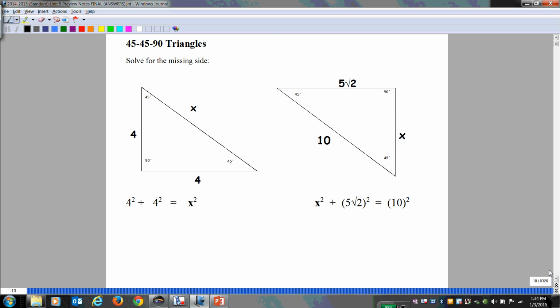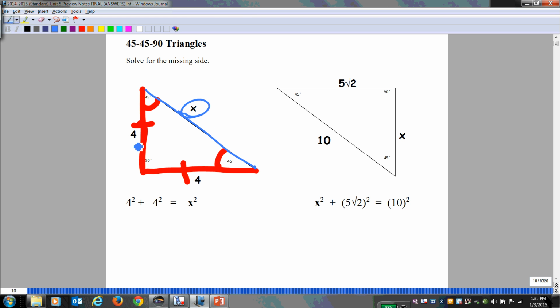We're going to solve for 2 45, 45, 90 triangles. Make note, the first thing, since you have 2 equal angles, you automatically have 2 equal sides. So here we have one leg is 4, the other leg is 4, and then our hypo is our x.